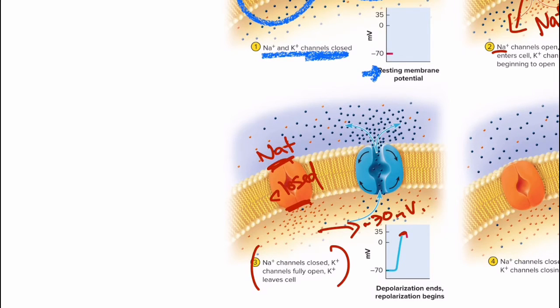But what opens up instead are these potassium channels, and this allows potassium to flow out because positive ions don't want to be next to positive ions. So we're going to push them down and move them along the concentration gradient to where there's a lower concentration of positively charged ions, so that would be on the outside of the cell.